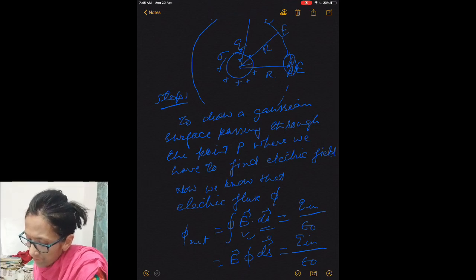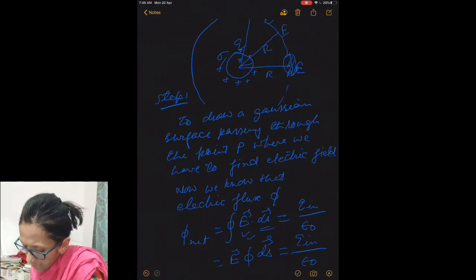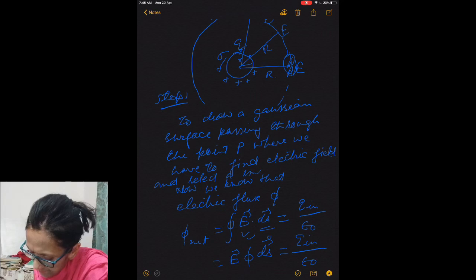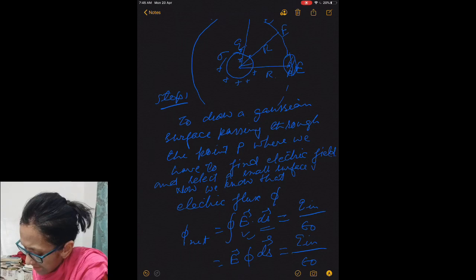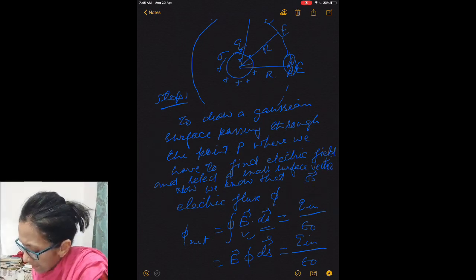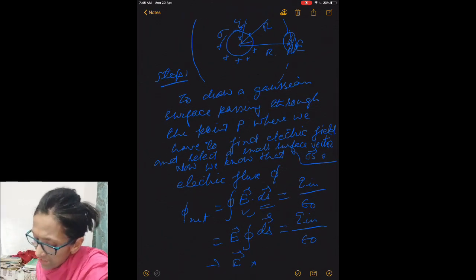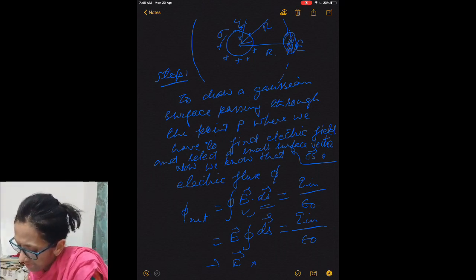So the first step is to draw a Gaussian surface at point P where we have to find the electric field, and select a small surface vector del S on it.